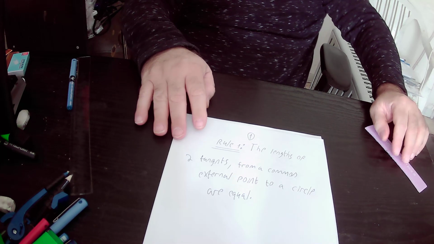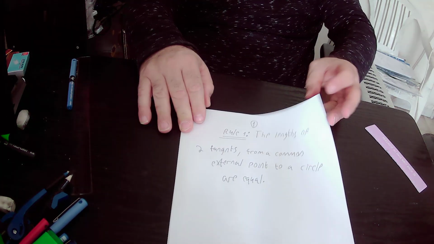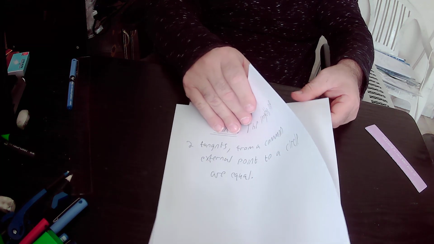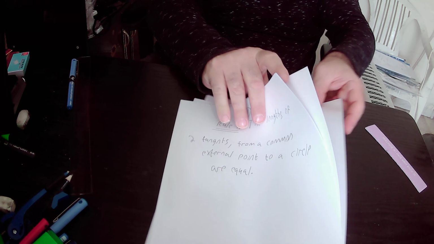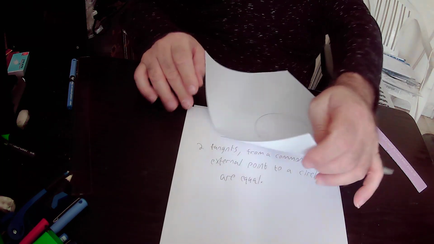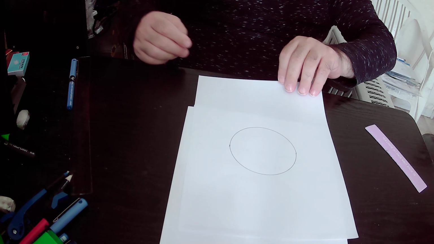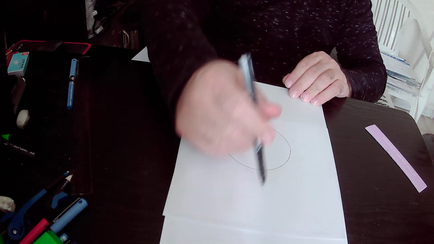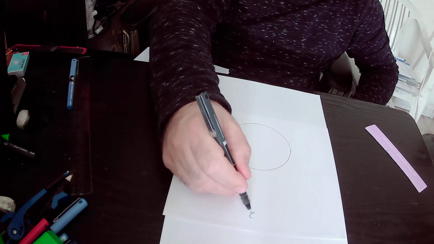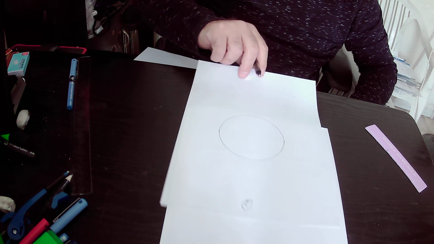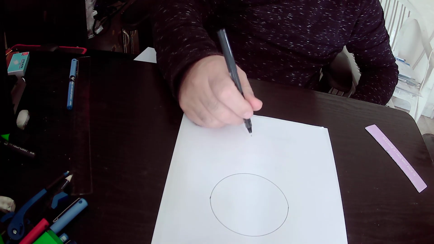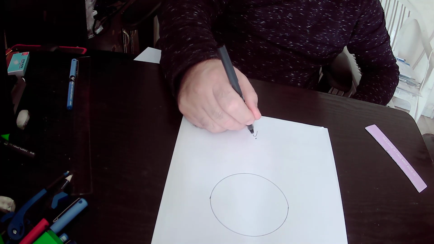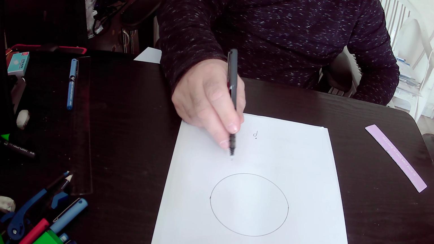So what is the meaning of rule number 1? The meaning is that if we have this circle and from this point, point P, we draw two tangents to this circle.